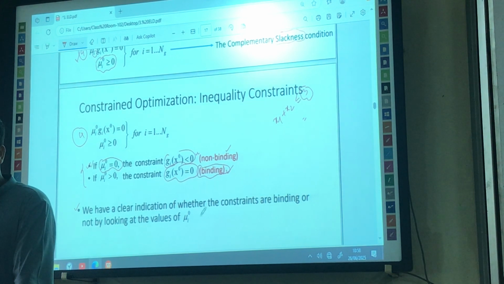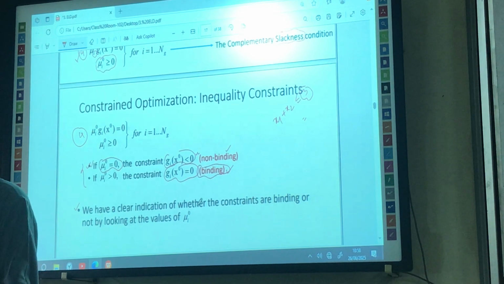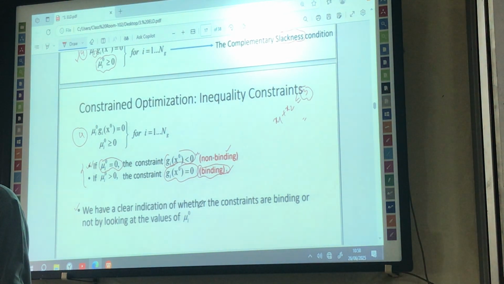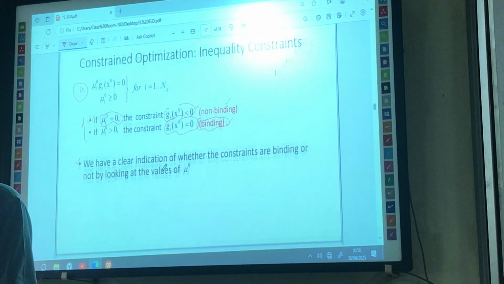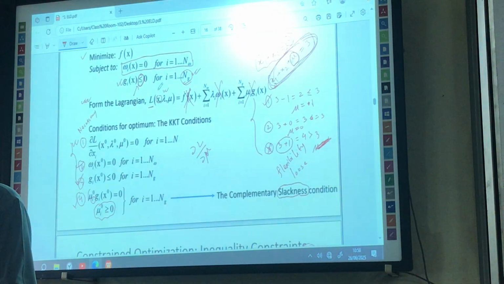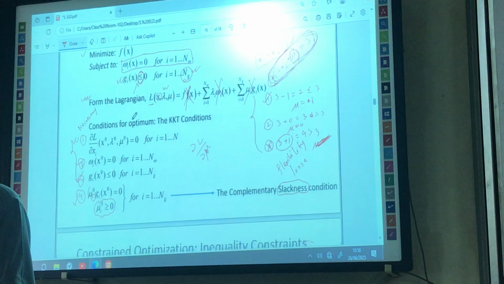That thing is written over here. We can say that just by looking at the values of mu. Now let's solve one numerical example. At that time all the concepts that we have learned here will be clear.